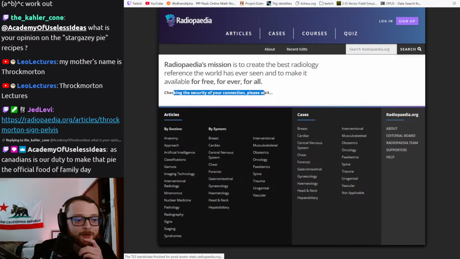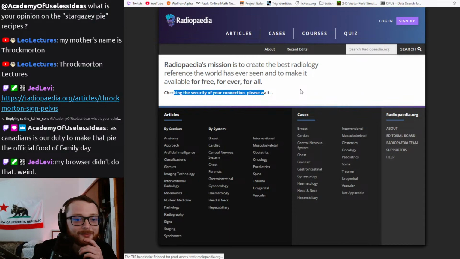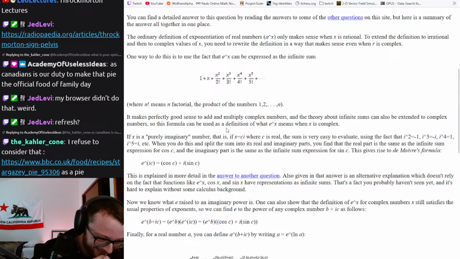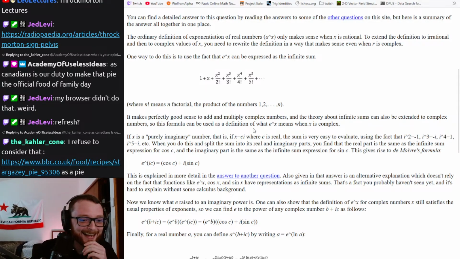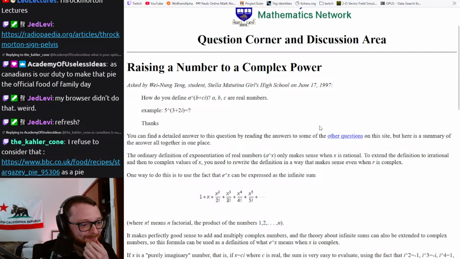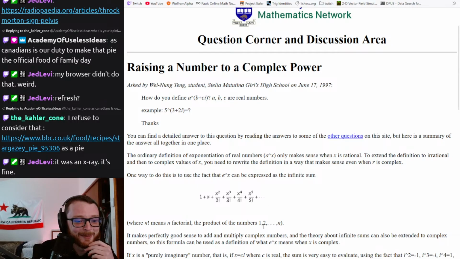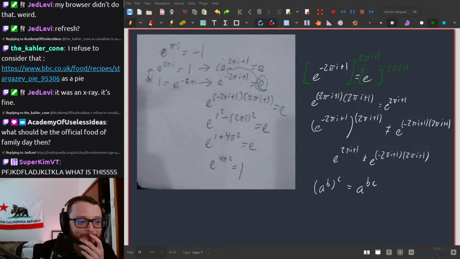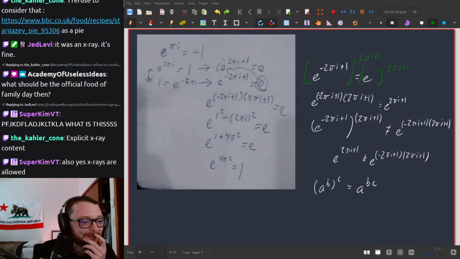Is my connection secure enough? I think I saw a dick. Sorry. Is it an X-ray? I guess it is a medical thing. Okay, you know what? I'm going to hide the screen and then I'm going to look at it. If someone's curious, they can follow the link for themselves. X-rays are allowed?